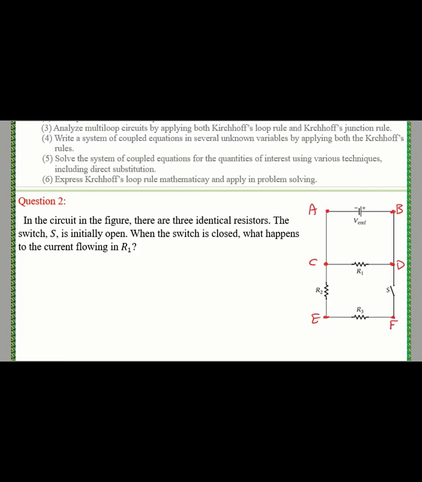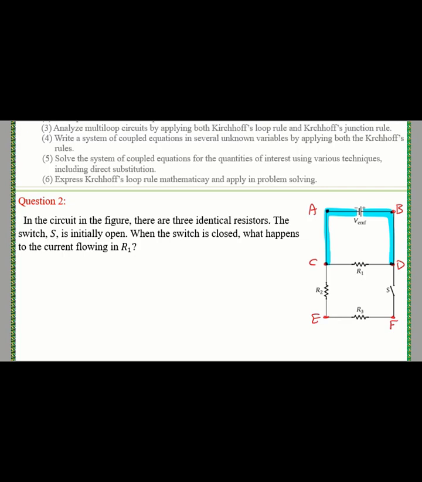Now, from the battery all the way to C, there is no resistor. And from the other side, from the battery all the way to D, there is no resistor.